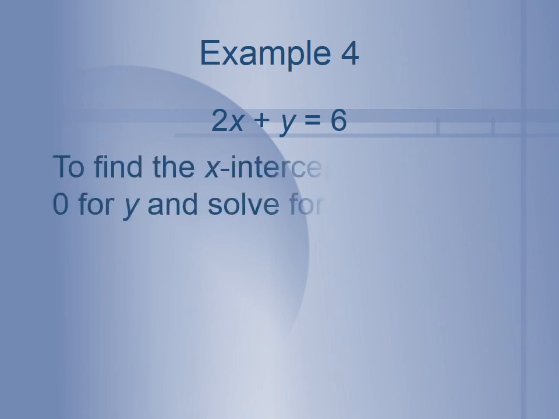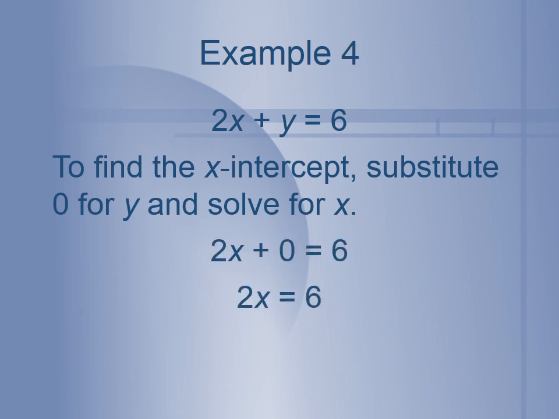Or to find the x-intercept, we're going to substitute 0 for y, because remember, the x-intercept has a 0 for the y-coordinate. So we're going to let y be 0 and then solve for x. Well, if y is 0, that means we have 2x plus 0 equals 6, which means that x is equal to 3. Awesome.